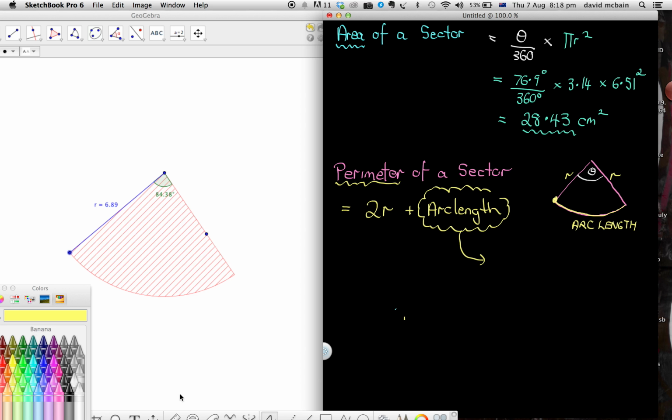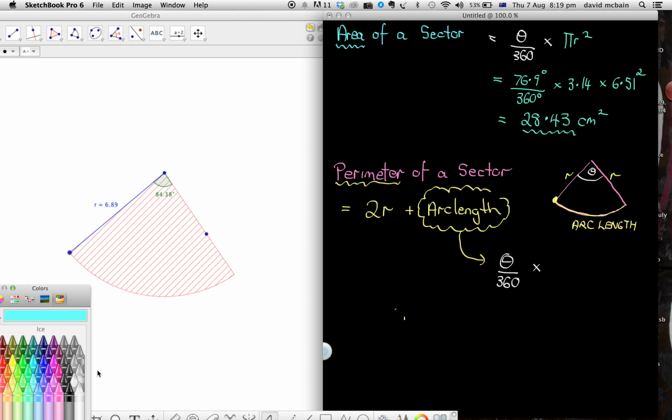So the arc length will equal the angle in question, this internal angle in here, in this case 84.38, divided by 360, and we're going to multiply that not by the formula for the area of a circle, but by the formula for the circumference of the circle, because we're finding what fraction of the circumference this arc is.